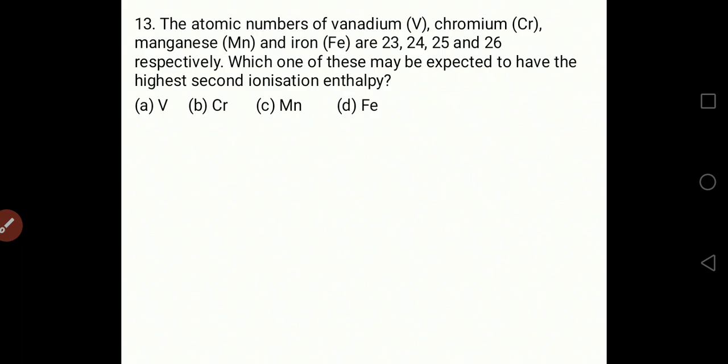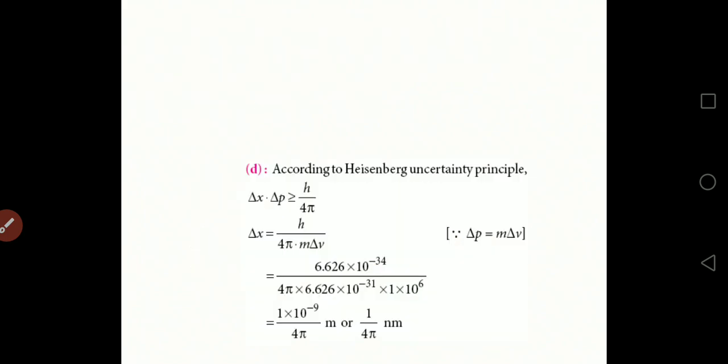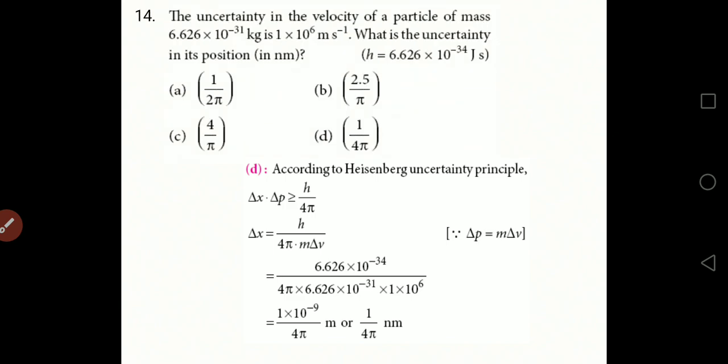Among the atomic numbers here, vanadium, chromium, manganese, iron, which one has the highest second ionization enthalpy? Highest second ionization enthalpy means after removing the first electron, it should attain a stable state. See here, in this particular case, Cr plus has a 3d5 state, half-filled state, hence remember Cr should be the answer. In this case, 14th, the answer is already given, fine.